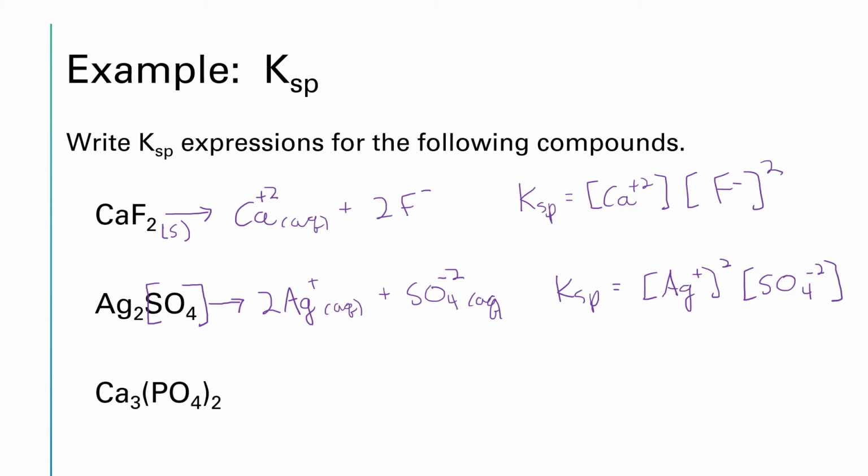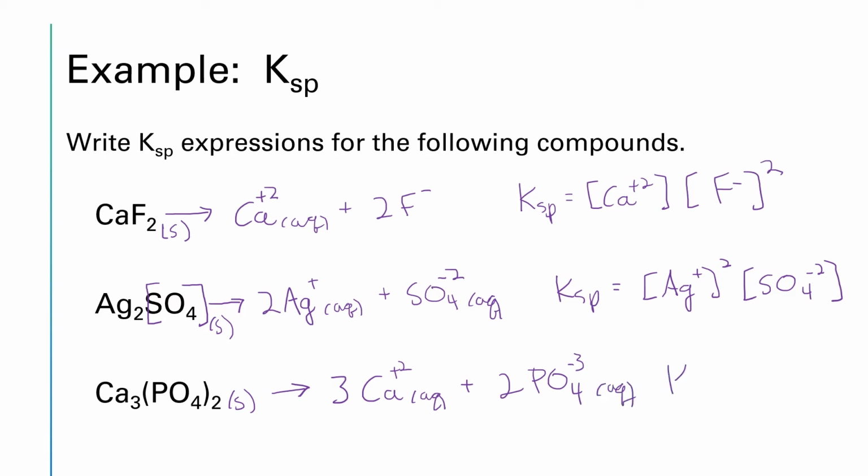For calcium phosphate, oh whoops, I forgot to label that as a solid. For calcium phosphate, that will be a solid, and as it dissolves, we will get 3 Ca+2 ions and 2 PO4 3- ions.